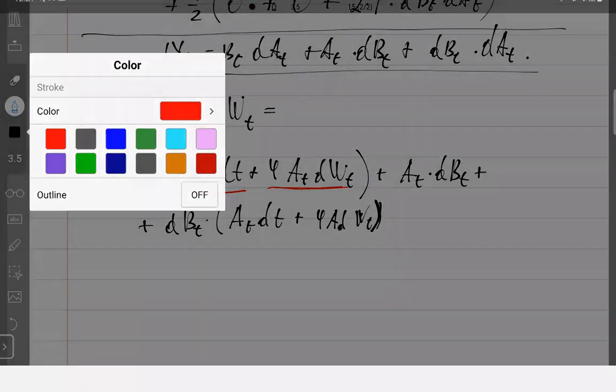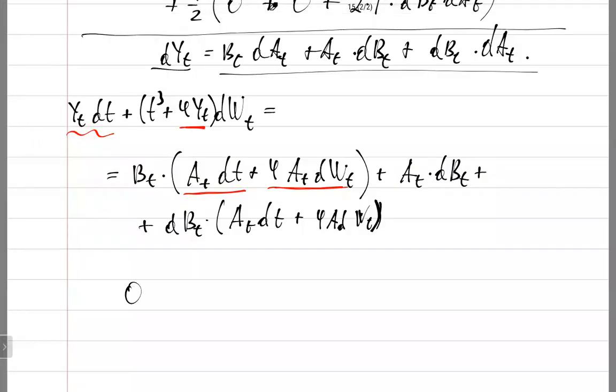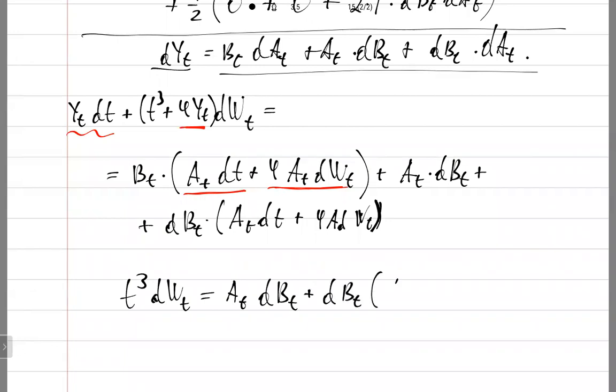Okay, so let's simplify a little bit. We have t cube times dwt is at dbt, I don't know dbt yet, plus dbt times a dt plus 4at dwt.